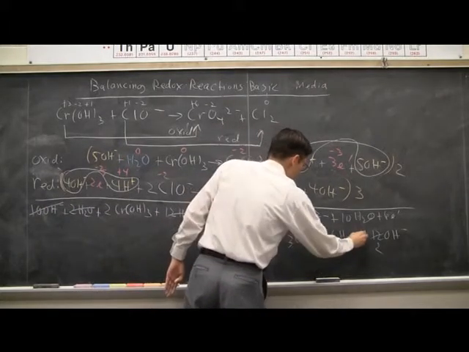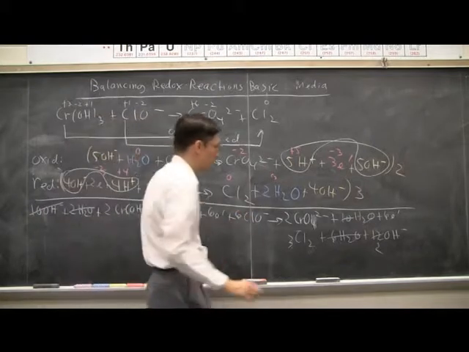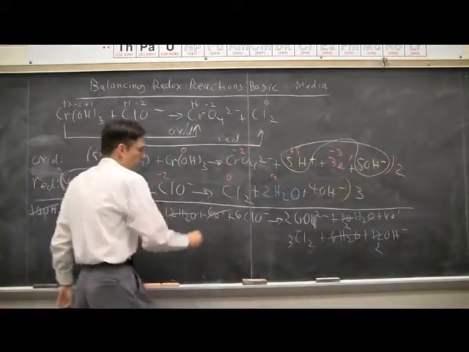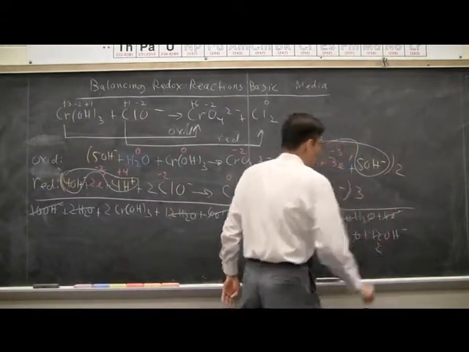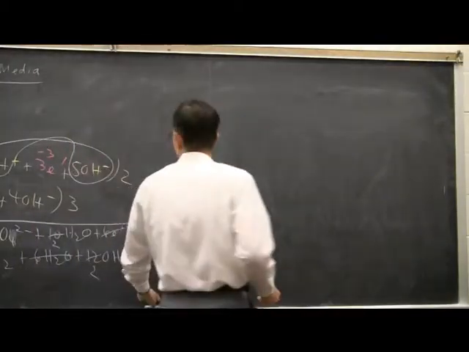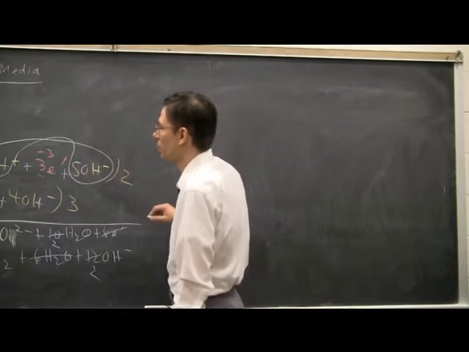So all the waters will disappear here. And so again, we have 14. We have 16 over here. That's 2. Electrons have to go away too. So then on the next board, we'll just simplify this. So we're going to simplify the equation I just crossed out the various species for.